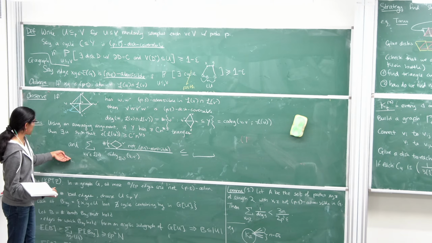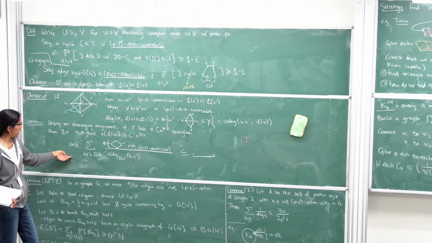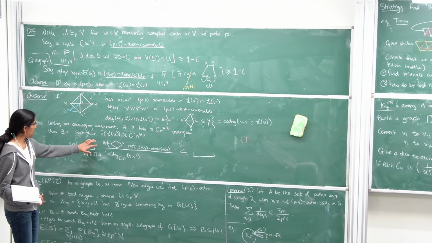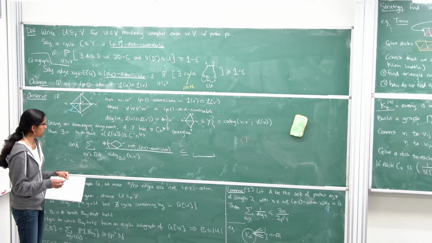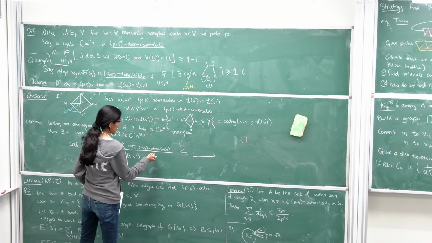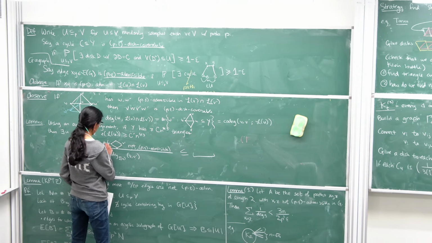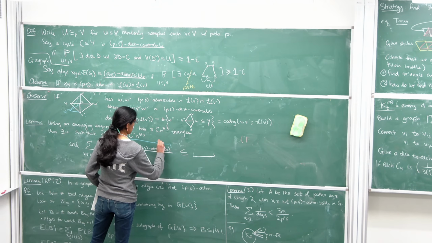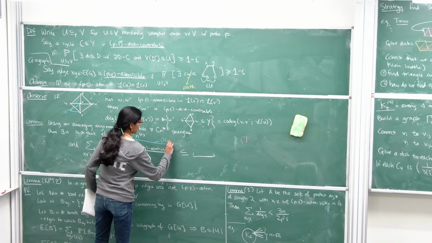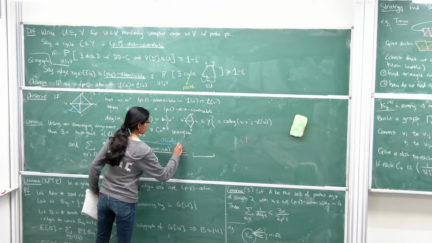And the other nice thing about this lemma is that it tells us, if we look at this term, the number of these C4s that are not P epsilon admissible, we can think of this term as being at most the codegree squared.